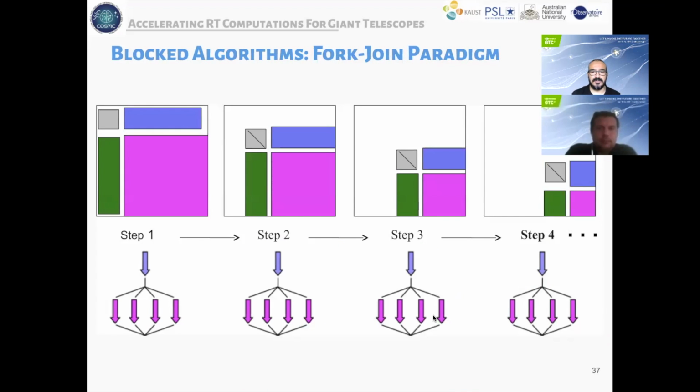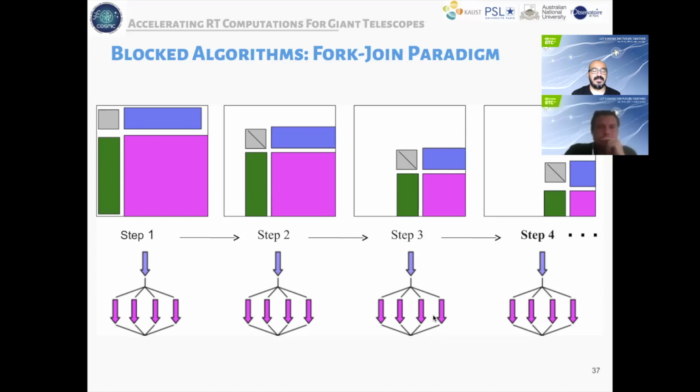And just going quickly through the history of linear algebra, looking at how LAPACK algorithms are basically doing those matrix operations. Mostly they are based on this fork-join paradigm, where you have a panel factorization that is typically sequential, followed by a phase called the update of the trailing submatrix in magenta color here.